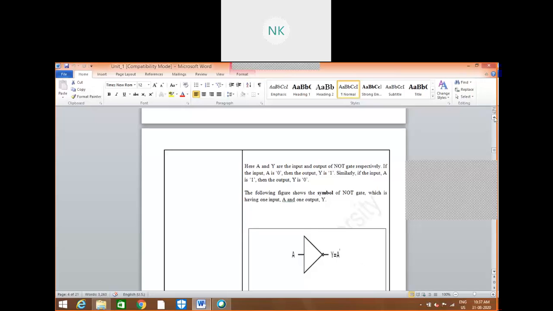If the input is 0, the output will be 1, and if the input is 1, the output will be 0. I think the NOT gate is also clear.